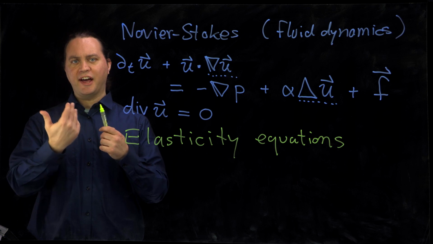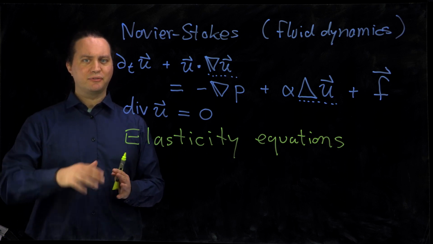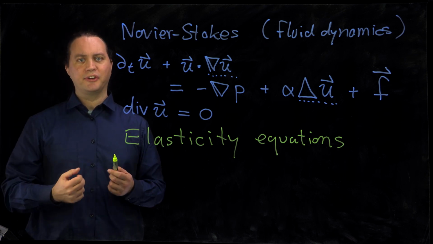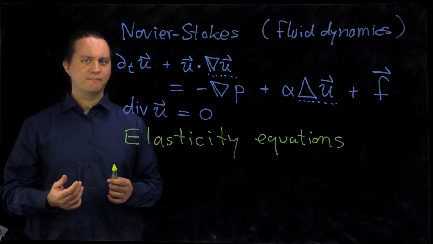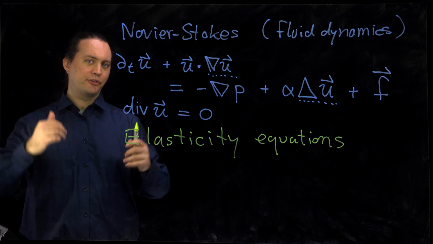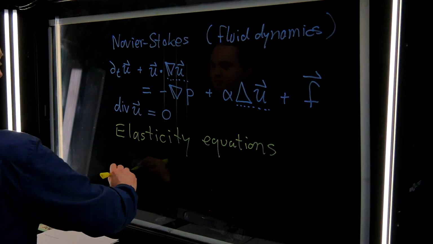Here again we have got an unknown variable u, which is a vector field, and that vector field describes the deformation in space. If you have got a solid that is subject to an external force, for example gravitation, then the elasticity equations will describe how the solid deforms. The elasticity equations read as follows.